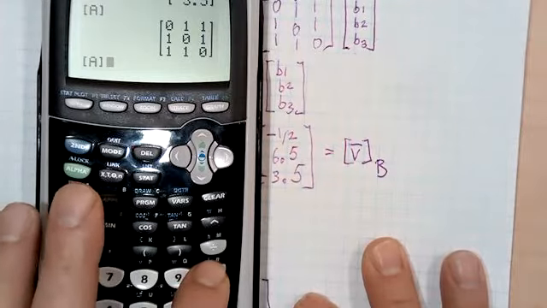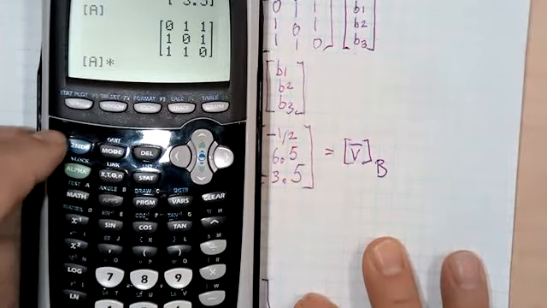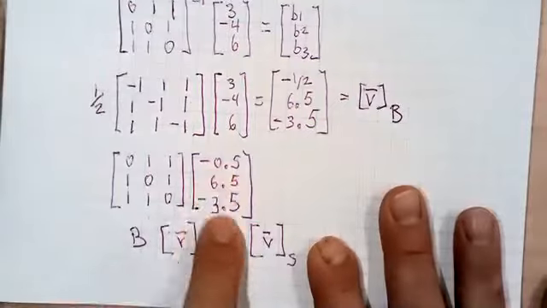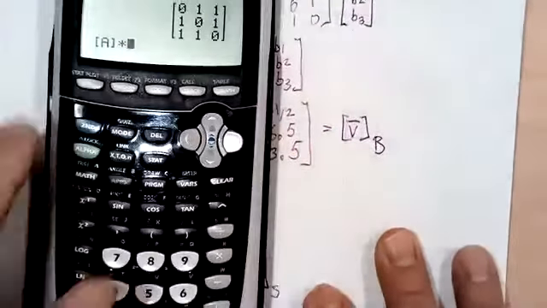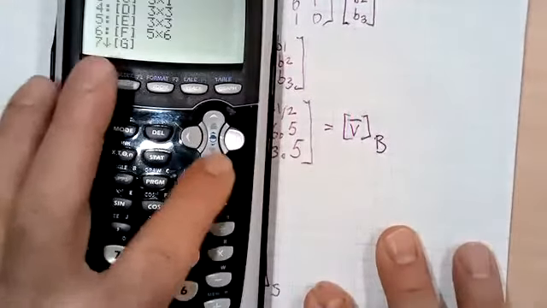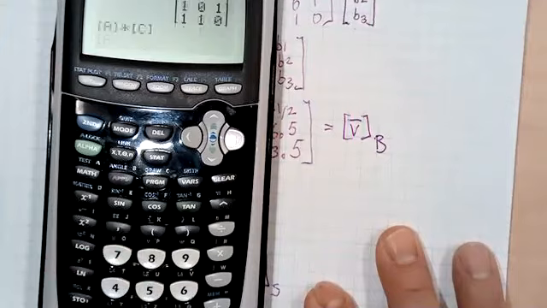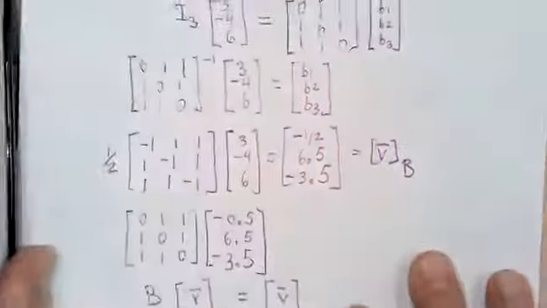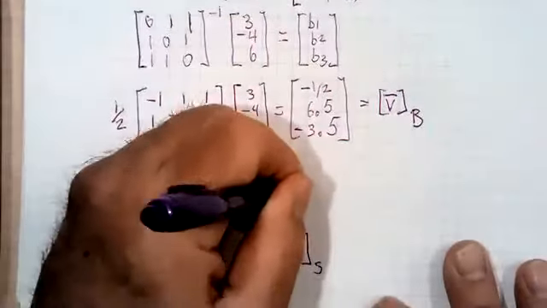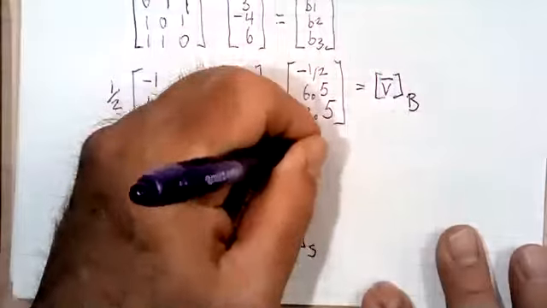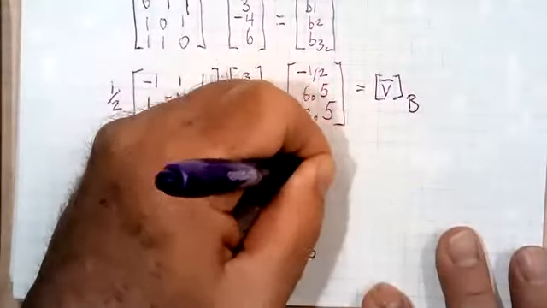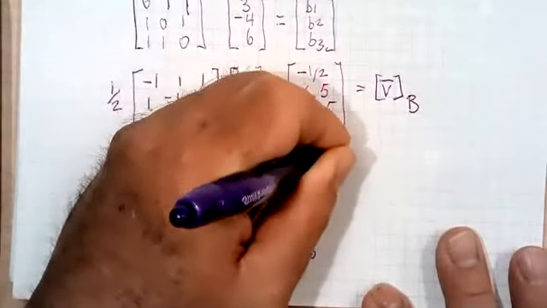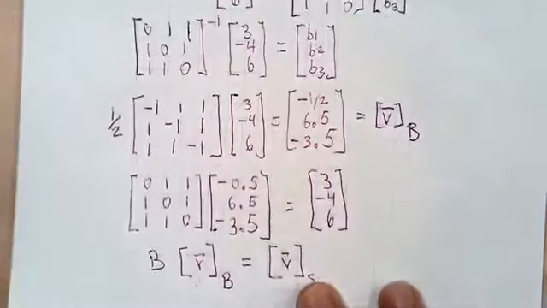I want to multiply it by this matrix, which I just stored in memory location C. And I get 3, minus 4, 6. And let's just check. Oh, good.